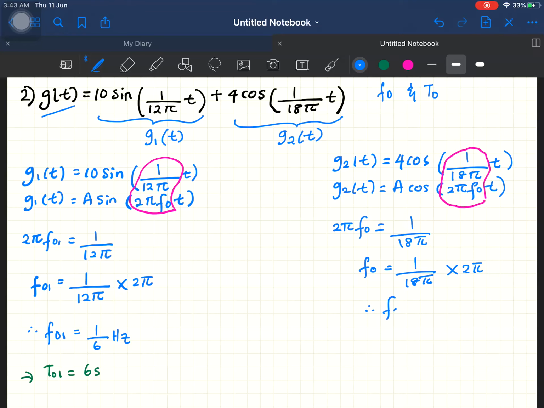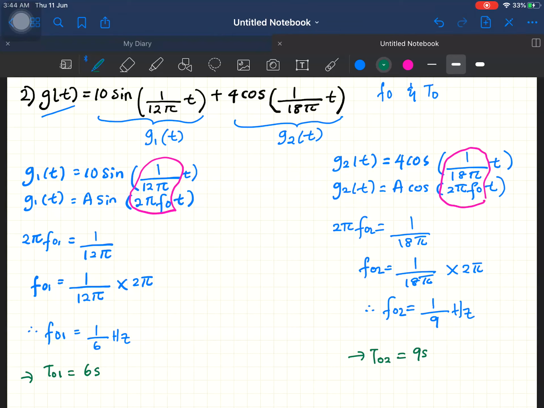You will have f naught 2 equals 1 over 9 Hertz, because this is the second signal. So you will have T naught 2 equals 9 seconds.